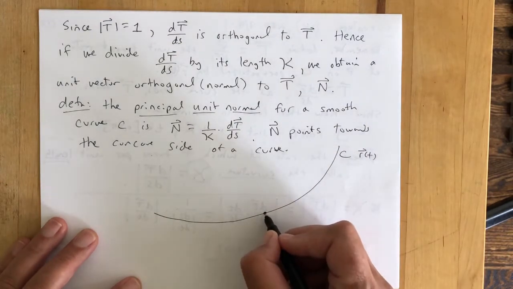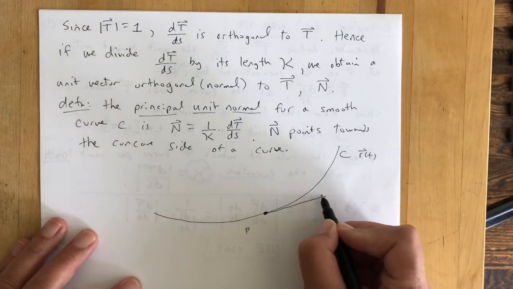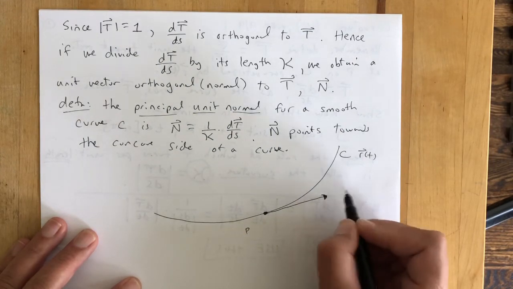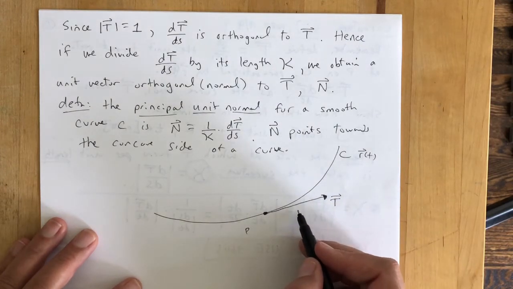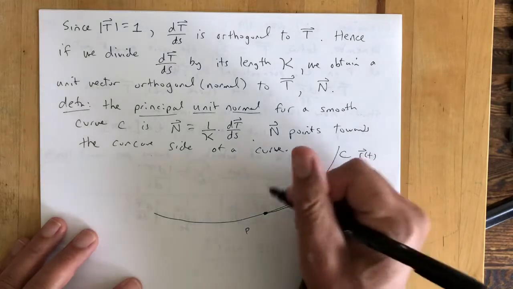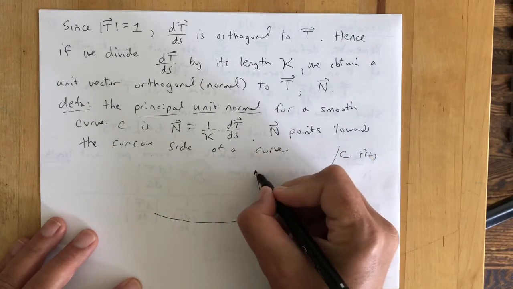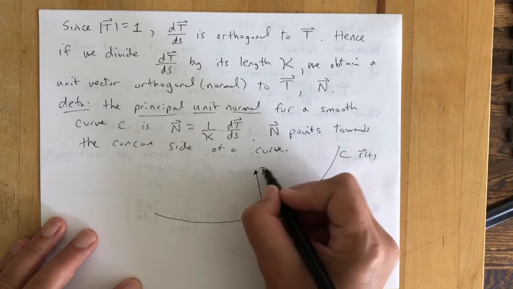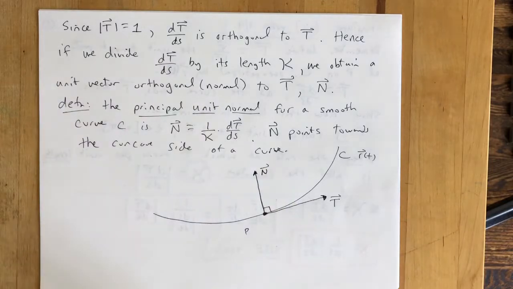If I take some point here, P, and I go out and I make a nice big tangent vector, say this is unit, it's got unit length 1, right? Orthogonal to this guy going inward is the principal vector, and these guys are orthogonal.